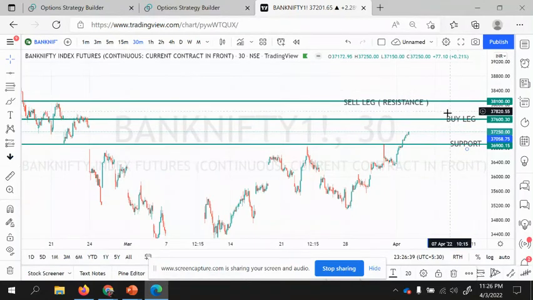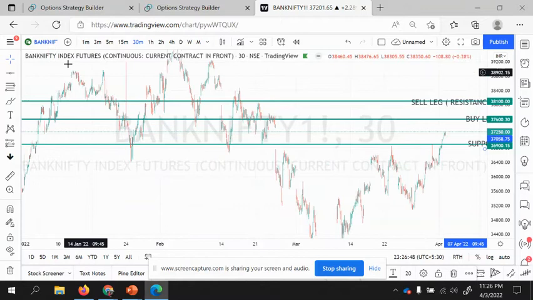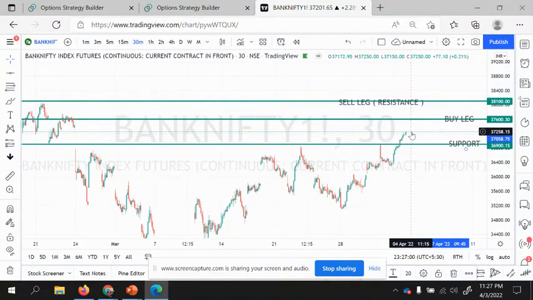You buy one leg, that is 37,600, and let's say this is your resistance. Based on the previous price action, let's say this acts as a very good resistance level. Maybe you have the view of the market going up, but the market would not break this resistance, it might come down here. So I think this is the best potential trade for you to go for the call debit spreads.